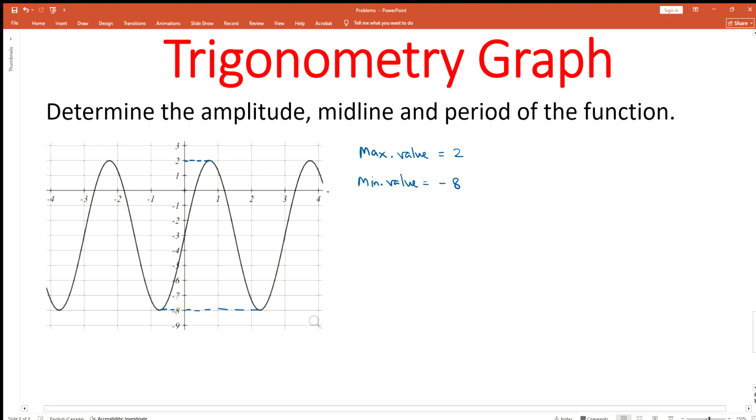We can use these max and minimum values to find the amplitude and midline of the function. The formula for amplitude is maximum value minus minimum value divided by 2.